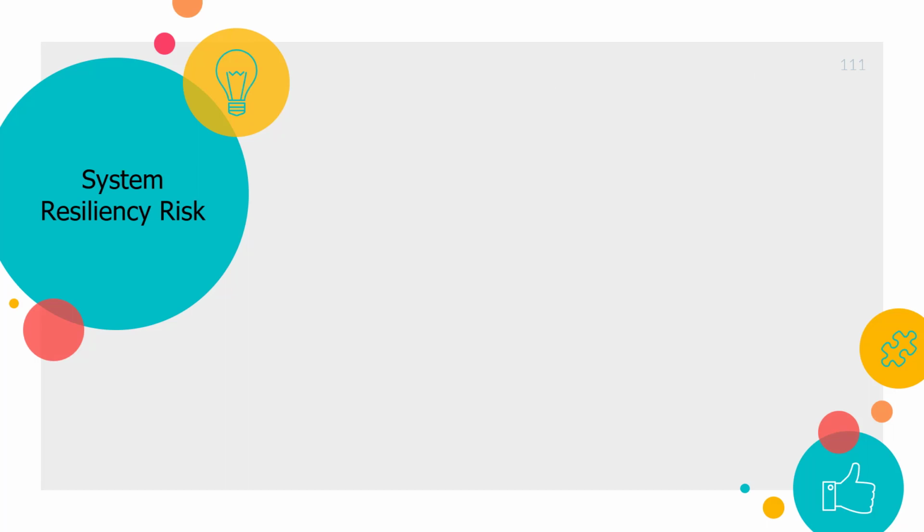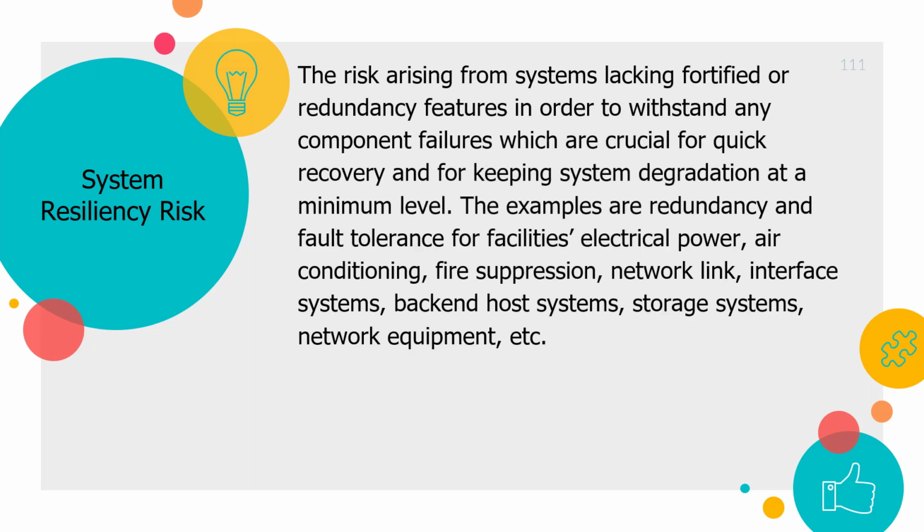System resiliency risk, which is the risk arising from systems lacking fortified or redundancy features in order to withstand any component failures, which are crucial for quick recovery and for keeping system degradation at a minimum level.